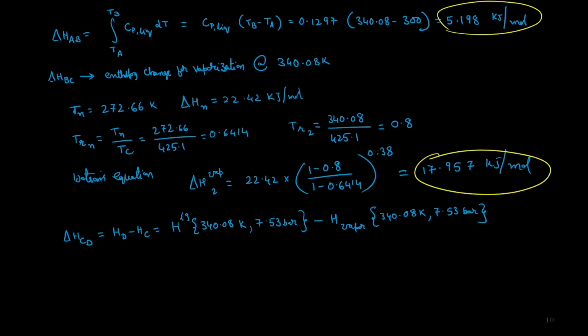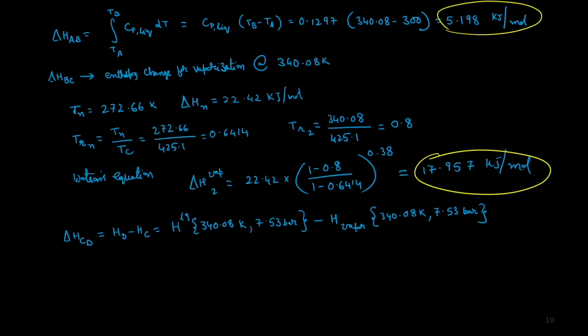If you remember the way we have defined the residual properties, it is the value for the gas minus the ideal gas value. This is the opposite of that: ideal gas minus the enthalpy for the gas.